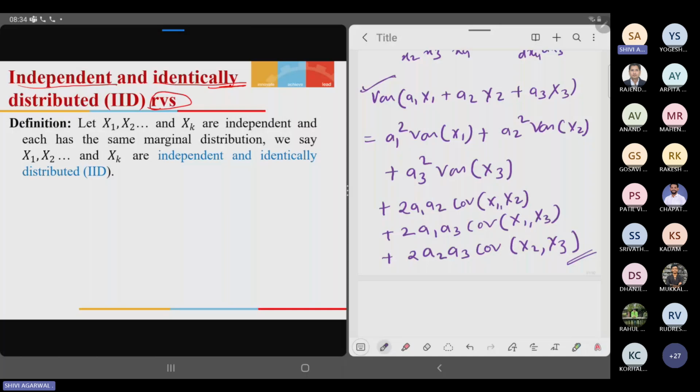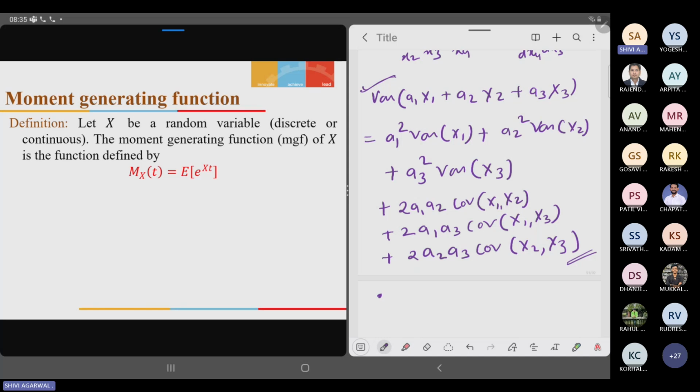Identical means they have the same type of distribution, they are coming from the same sample space. So let X1, X2, ..., Xk be independent and each have the same marginal distribution. We say X1, X2, ..., Xk are independent and identically distributed, and the word is IID here.